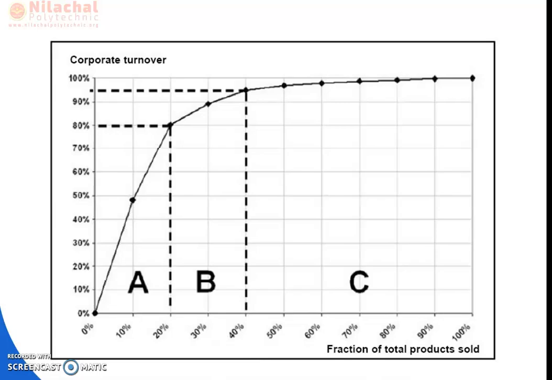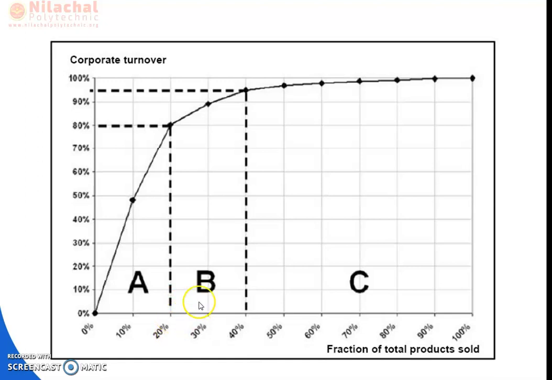Next comes the diagrammatic representation of how the A, B, C categorization is carried out. This is the percentage of items sold by the company. This is the percentage of total cost to be spent. For A item, this is 10% of total inventory, but 70% of the cost is to be spent.